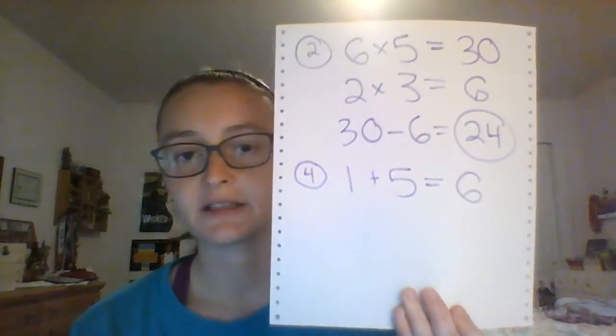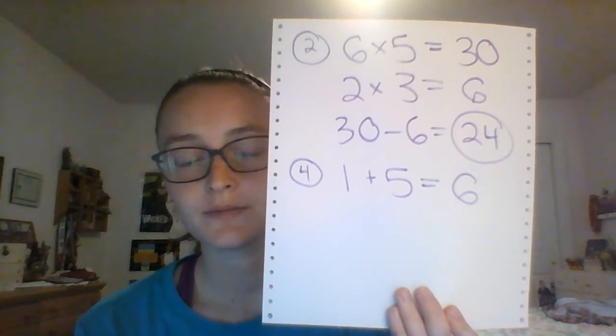So again, problem 4, we have 1 plus 5, which makes 6. Then take the other 6 and subtract the 2 to get 4.